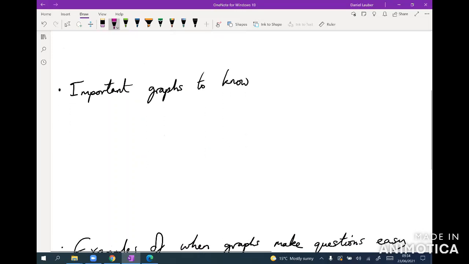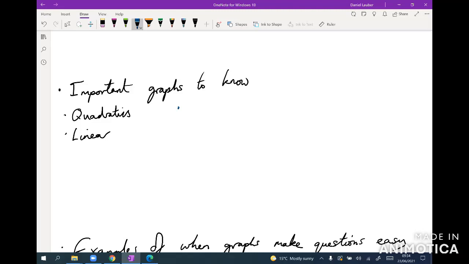So in order to use graphs, there's only a few things you really need to know, which is how to sketch a few of them. We've already covered quadratics, but make sure you can do those, and linear, obviously. But then there's a few more that I want to mention that are less common.